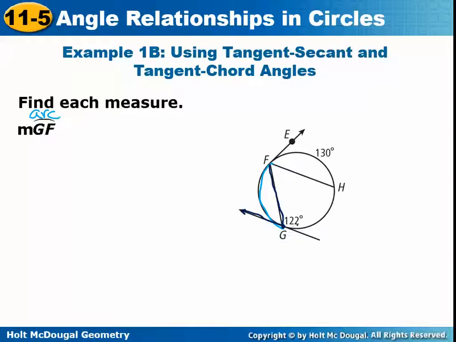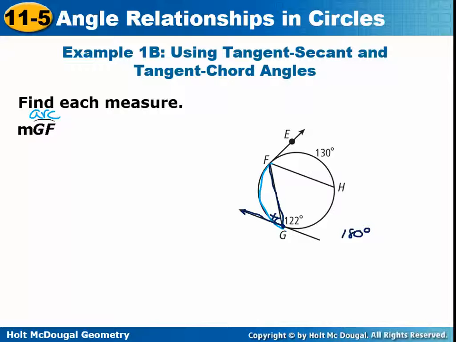Now we aren't given its angle, but we are given that the angle on the other side of that FG chord is 122. And together 122 plus whatever this is will equal 180 because they are a linear pair. They're supplementary. Together they form a straight line.